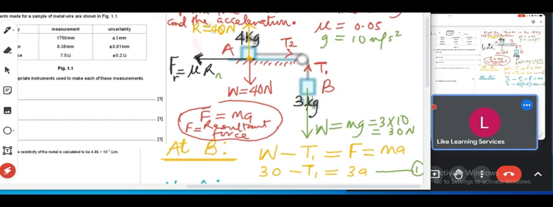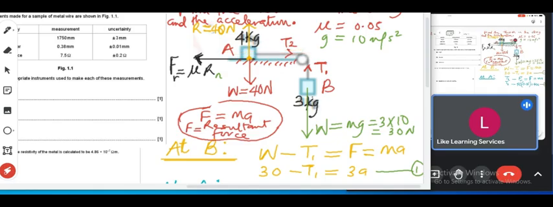We are only interested in forces in the direction of the motion. At A, there's no motion vertically. It is not jumping up, neither is it piercing through this piece. So the only motion you have at A is horizontal.